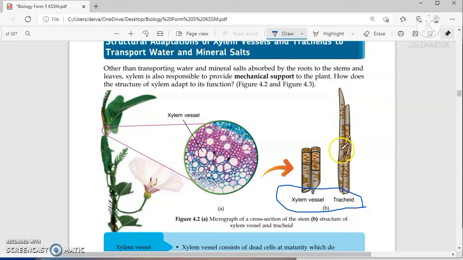And trachea also, they have some holes here. The holes are for the movement of water. So through these holes, the water will move. When we see the diameter, xylem vessel has bigger diameter than the trachea. The trachea diameter is smaller.